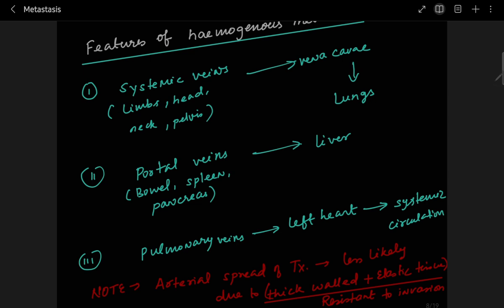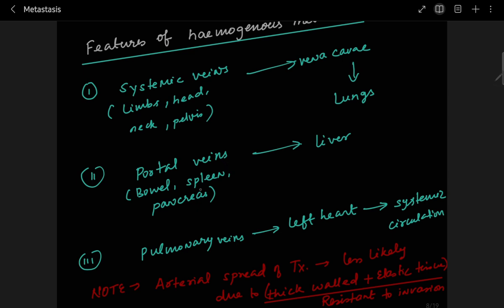So if the primary tumor is located in areas like the limbs, head, neck and pelvis, it will mostly metastasize to the lungs. Likewise, the portal veins, draining the bowel, spleen and pancreas, drain into the liver.